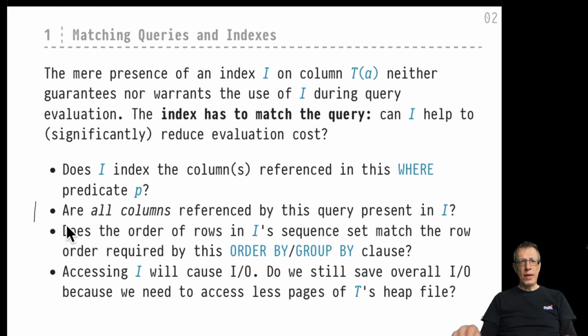There's other considerations. The match between a query and an index might be so good that all columns mentioned in the query, not only those in the where predicates, but maybe also those mentioned in the select clause of a query, are present in an index. This could be super interesting because then no other columns would need to be looked up in the heap file of the table.